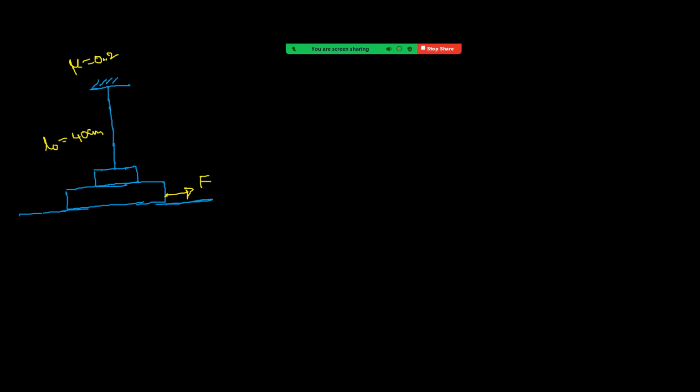The plank is slowly shifted to the right until the bar starts sliding over it. And this happens when theta equals 30. Right. Let us see.